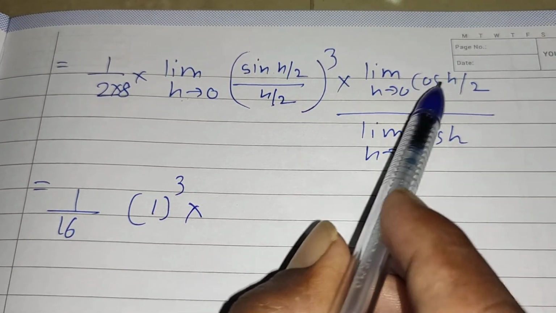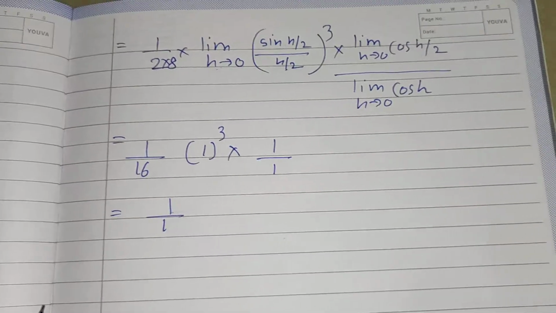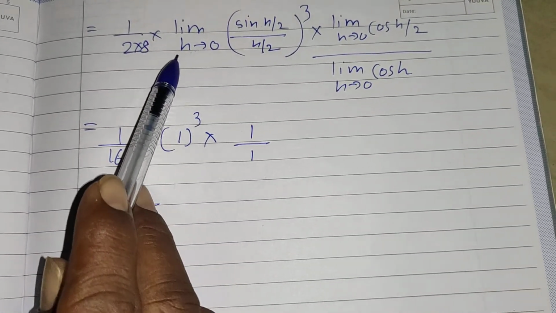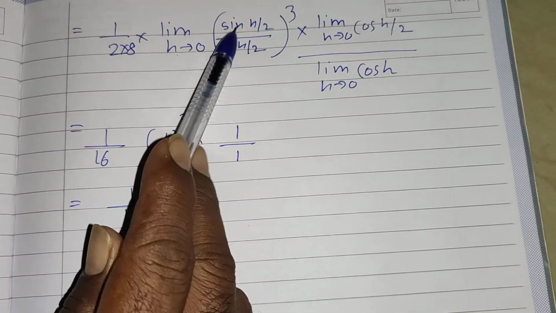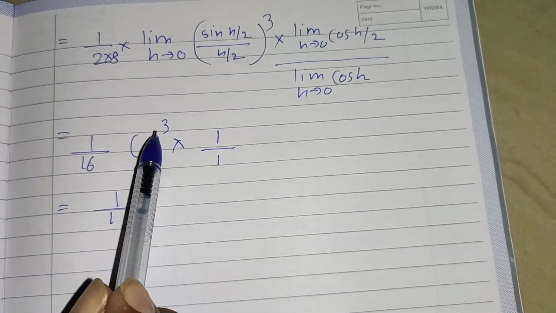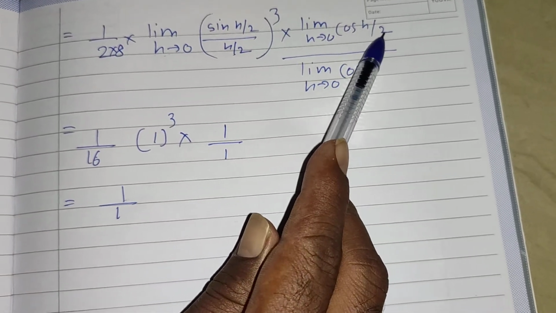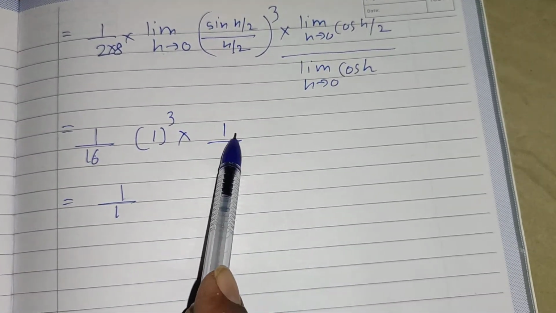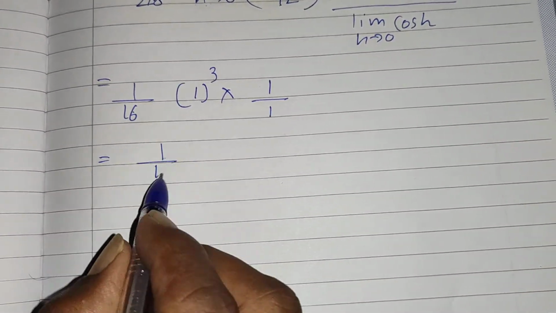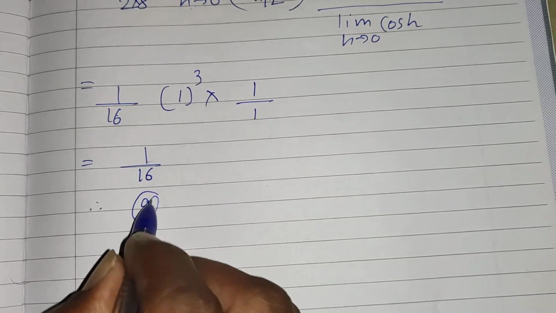If we apply 0 over here, this will be cos 0, that will be 1. This is also 1. Now once again, this 1 upon 16, limit x tends to 0 sin x upon x will give you 1. Similarly, this is also 1, and this is cube. Cos 0 upon 2 is cos 0, which is 1, and this is also cos 0, which is 1. So our final answer is 1 upon 16. Therefore, A is the correct option.